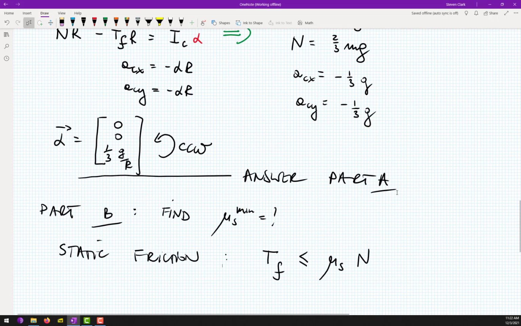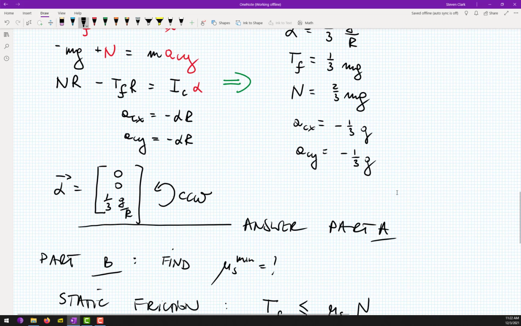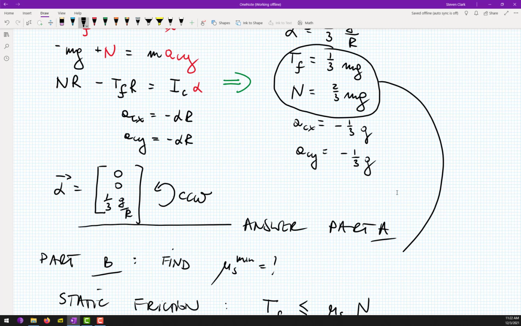And my idea yesterday was to basically take these two findings and plug them in here. Yeah, and let's see what will happen.